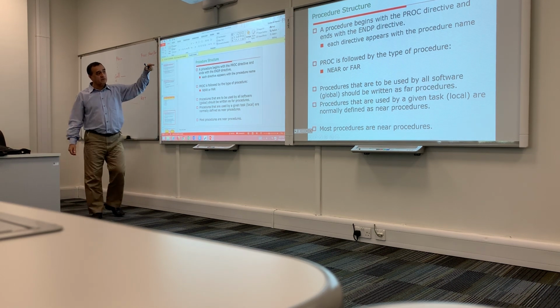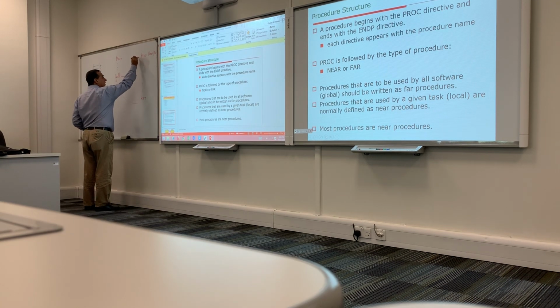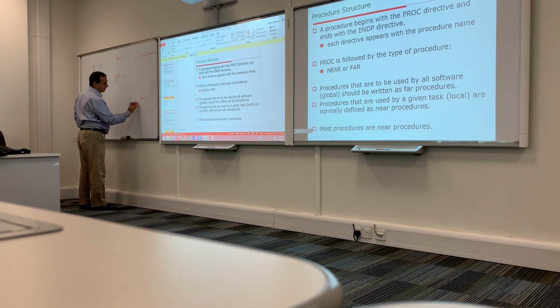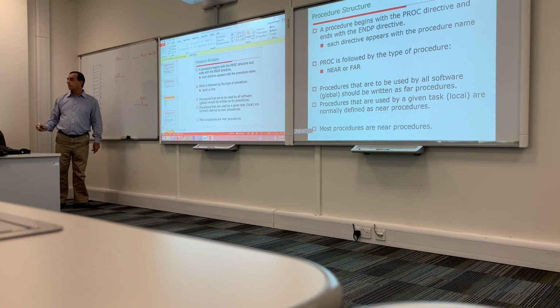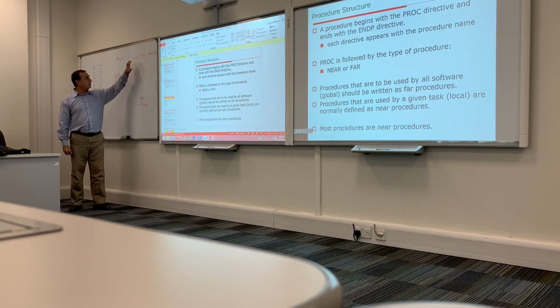Okay, I'll show you the examples. And before this one comes the name of the procedure. It starts with PROC and stops with ENDP, and the procedure name goes before both. This is how we write procedures.